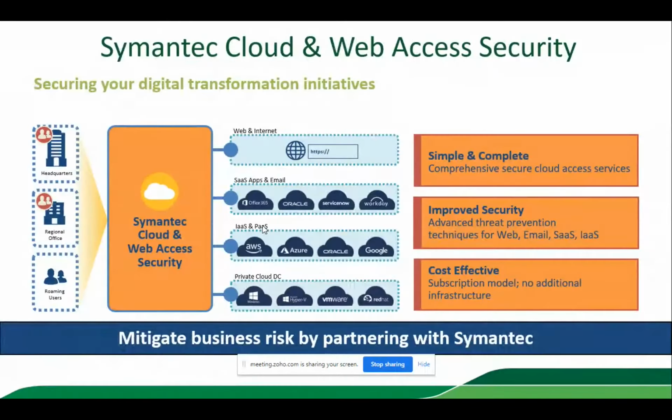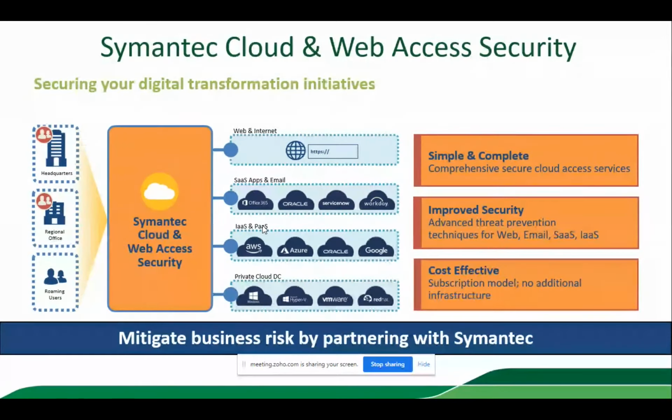So how does it fit into the Symantec overall solution? Symantec, number one, will be able to protect you in terms of the internet with what we call our WSS solution. We are able to give you email protection and software as a service protection. For email protection, we have what we call Symantec Email Security.cloud.